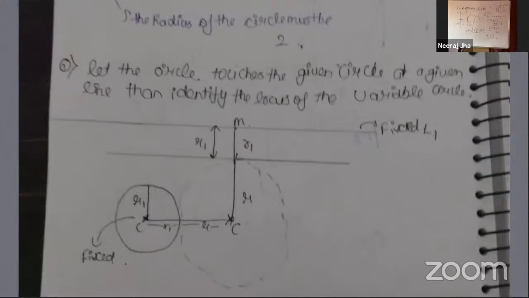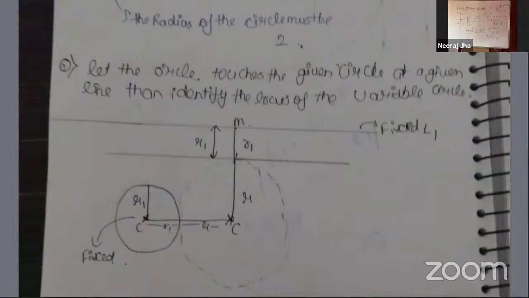Let a circle touch a given circle and a given line. A circle is touching a given circle, meaning a fixed circle, and a fixed line.